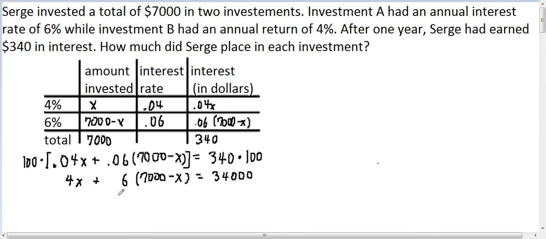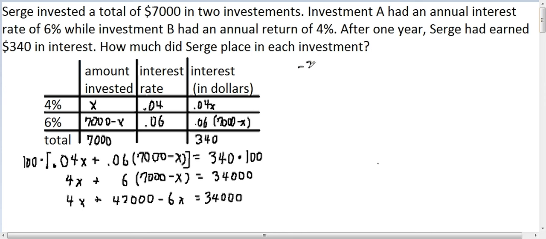Then we want to distribute 6 to 7,000 and minus x. That gives us 42,000 minus 6x. 4x minus 6x is minus 2x.